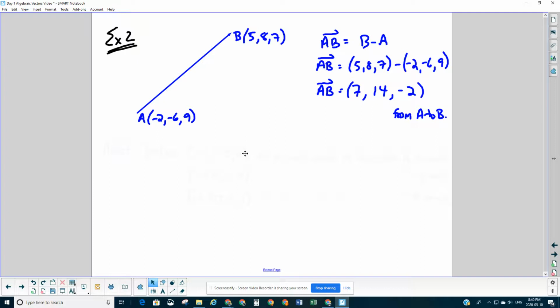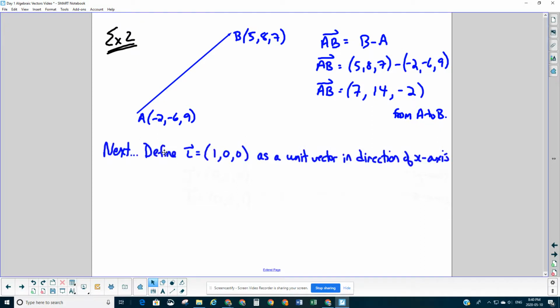Good news is the same definition of i exists in the x-axis. But of course, if we're in 3 dimensions, we have to consider what the z is. So we have vector i, which is 1, 0, 0, and it's a unit vector in the direction of the x-axis. The j vector still exists, except it's now 0, 1, 0 as the unit vector in the y-axis.